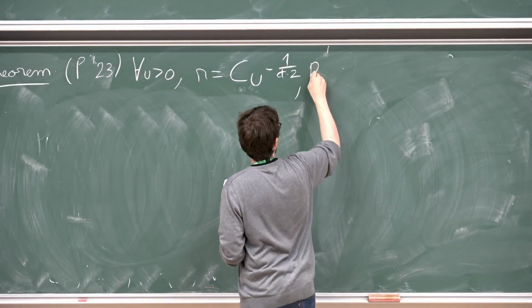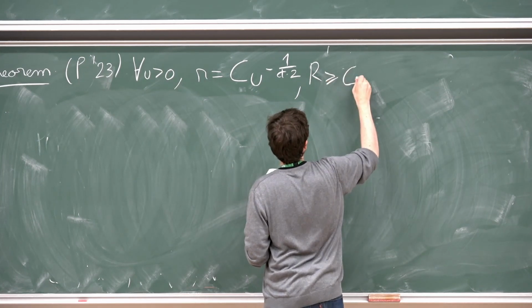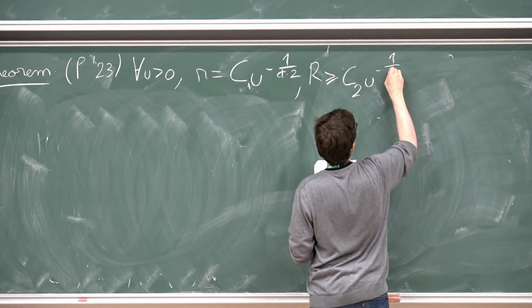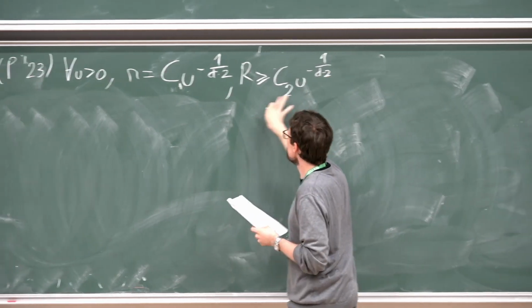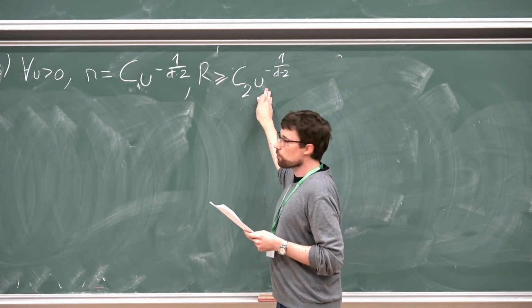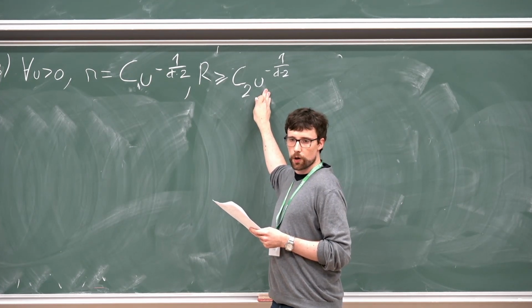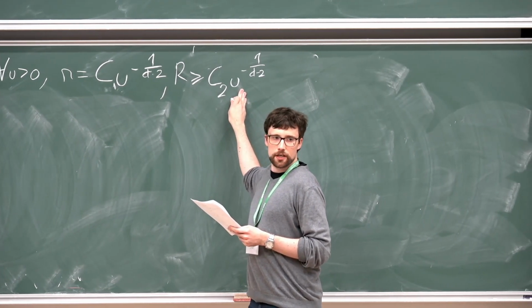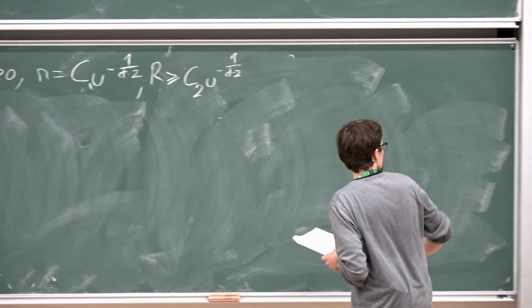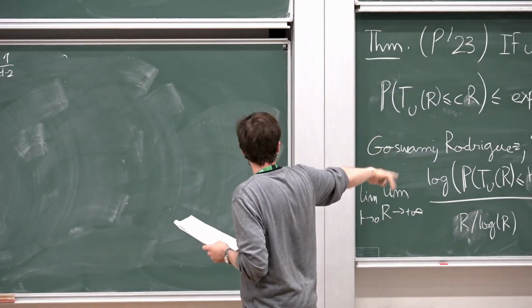And then you take R larger than, maybe let me give the number, c_2 times the same thing. So c_2 is larger than c_1, typically. You want your large scale to be bigger, but they can be both of the same order, of this order u^{-1/(d-2)}. So now you need to imagine that u is small. So this is actually a big scale. Contrary to before, where u was a constant of order u star.